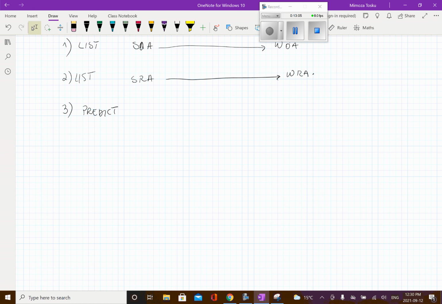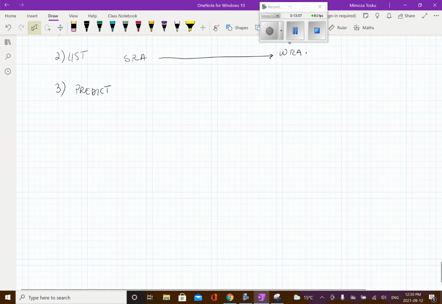We'll start with the oxidation agent from the strongest to the weakest. And then on the other side, we will have the reducing agent from strongest at the bottom to the weakest.